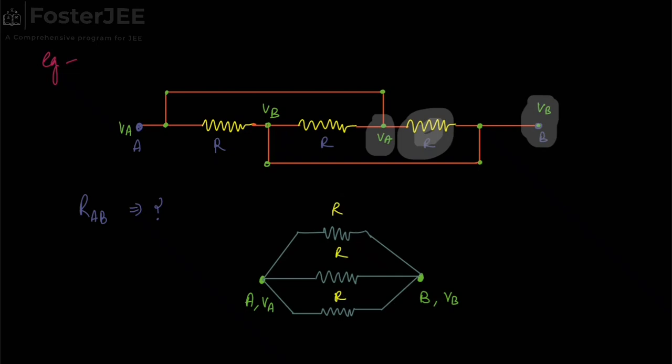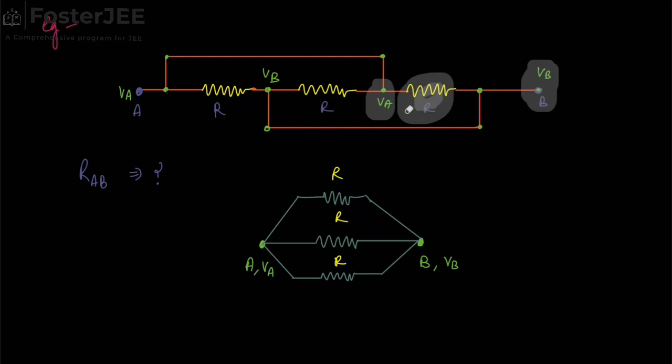So we have to evaluate the resistance between A and B, which will be RAB. Since all the resistors are connected by the same 2 points and the potential difference across these is the same, we can say these are in parallel.